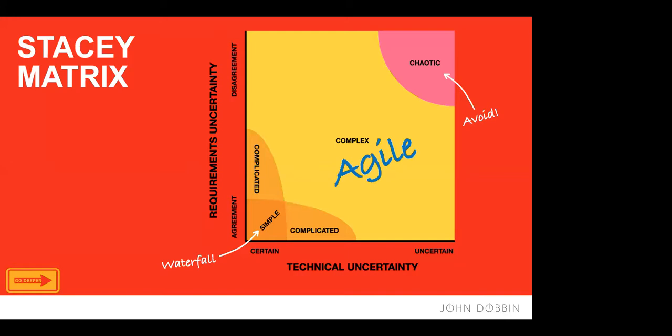Now, the Stacey Matrix was simple, and it limited your classification to requirements and technology. But there's a lot more going on in an organization than just technical uncertainty and requirements uncertainty. There might be budgetary uncertainty, there might be competing forces, there might be market forces which are changing. There are all sorts of different dimensions. So that matrix is very simple, but it might not capture the entire complexity.